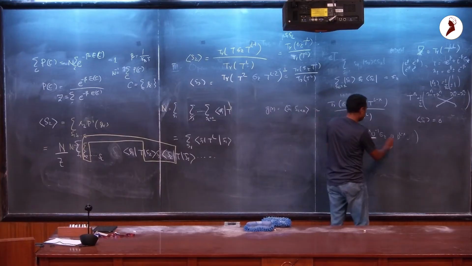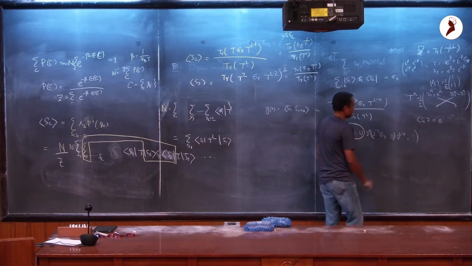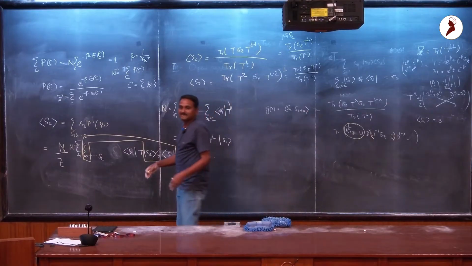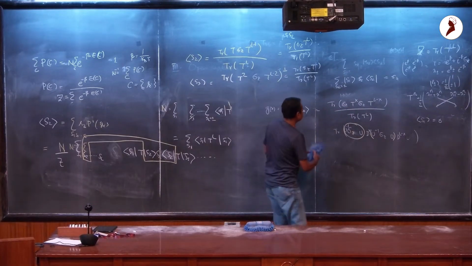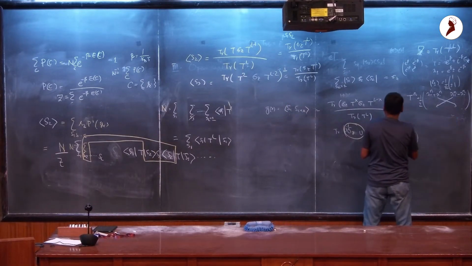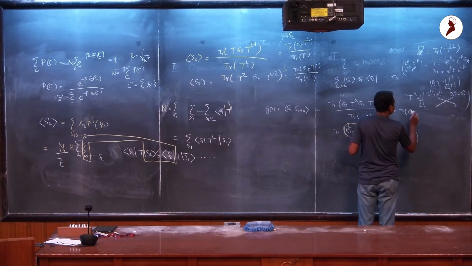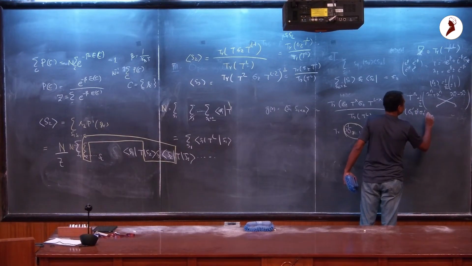So similarly here you get u inverse sigma z u, just sigma z prime, and d to the power l minus x. As if you are changing the basis. So in a diagonal basis, this is equal to trace of sigma z prime d to the power x, sigma z prime d to the power l minus x.